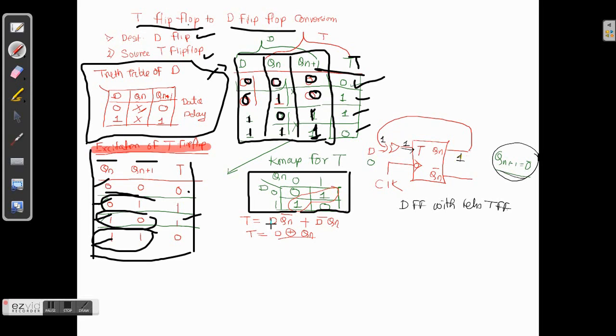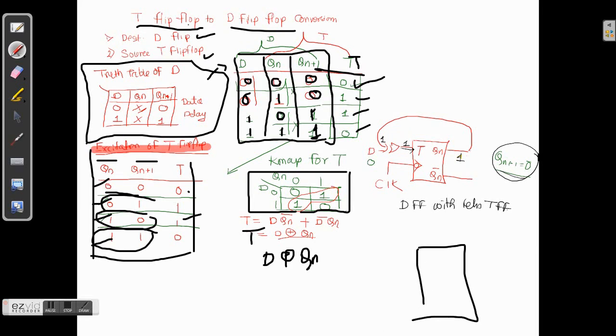We found the equation T is equal to D XOR Qn.